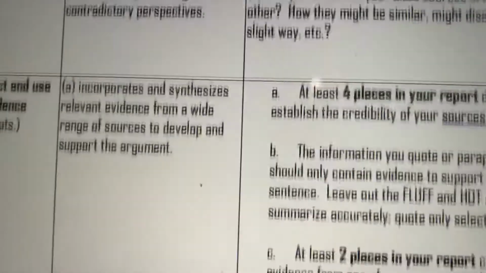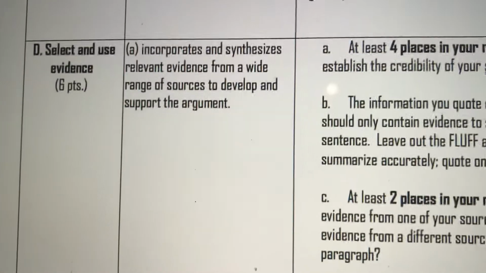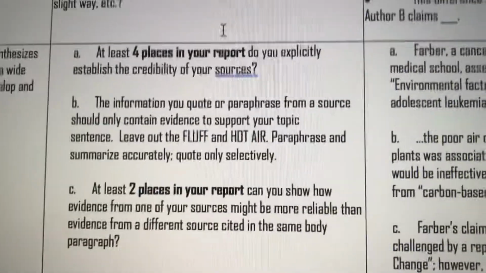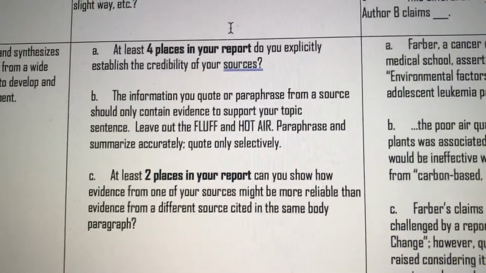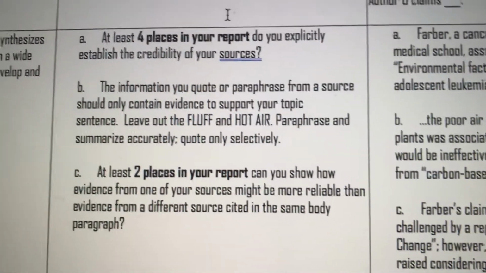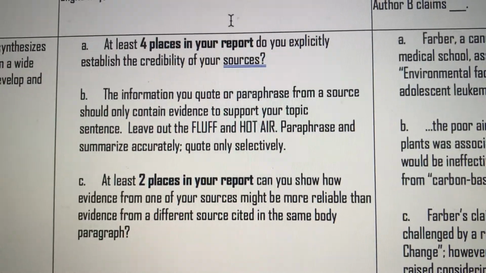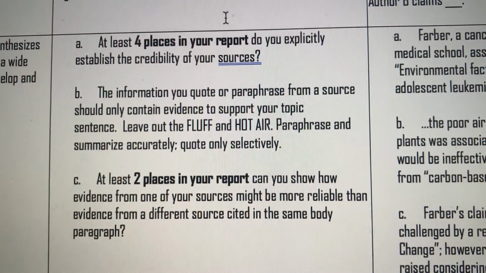So the last section we're going to look at for revision exercise 2 is part D. And I would say that this might be the most valuable piece of advice because this is really concrete evidence. It says, at least 4 places in your report do you explicitly establish the credibility of your sources.